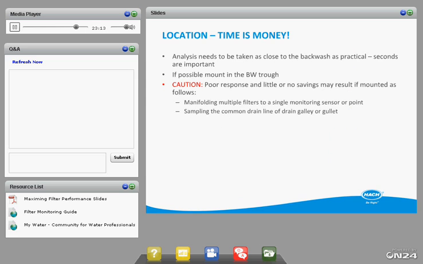It's important to note that by putting a Solitax in the wrong location, such as manifolding multiple filters to a single monitoring point or sampling a common drain, it is possible that you will not get the information you need in order to optimize your filter. So let's look at some of the locations where you might further optimize the filter itself.